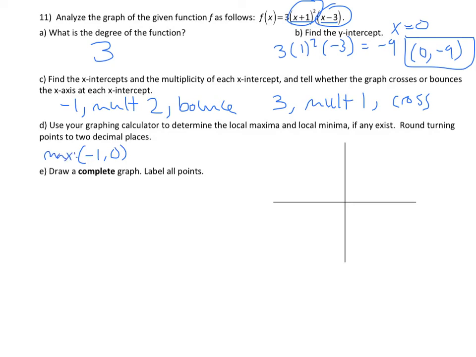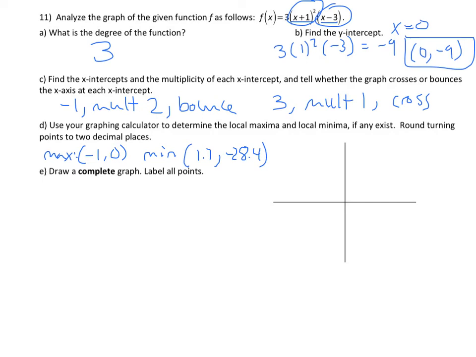And we already knew about that one because that's actually our x-intercept, but then it also has a min that we wouldn't have been able to find without a calculator at about 1.7, negative 28.4-ish, around there. So that's a point we wouldn't have been able to find without a calculator. Everything else we can do without a calculator.